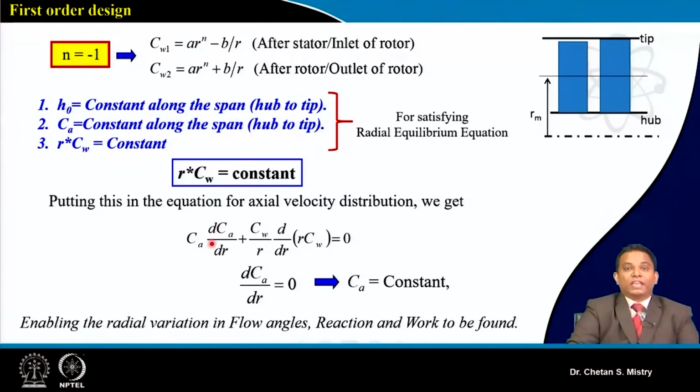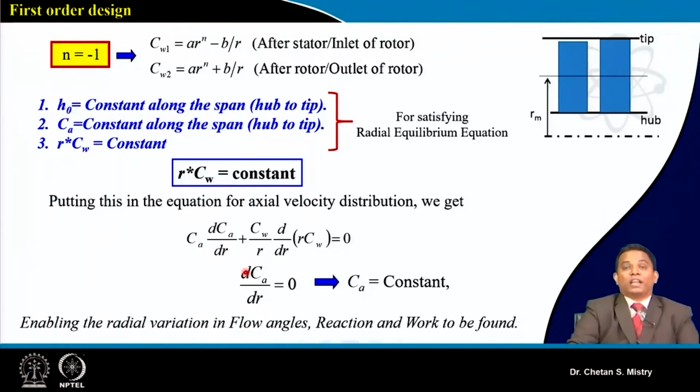It says Ca dCa by dr plus Cw by R d by dr of R Cw is equal to 0. In that equation, if we put Cw into R equal to constant, dCa by dr comes out to be 0. The meaning is my axial velocity remains constant.